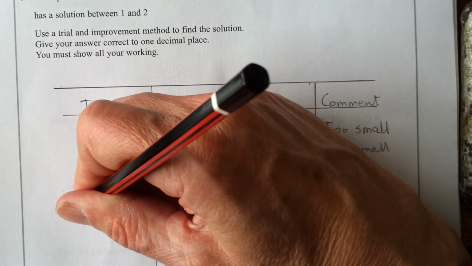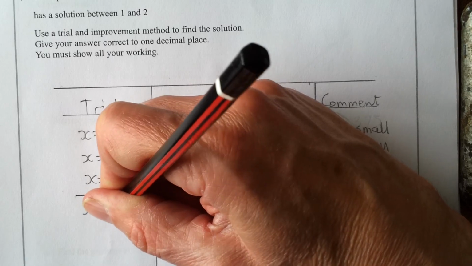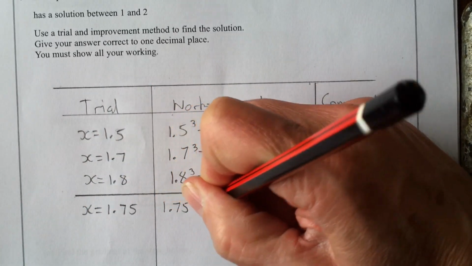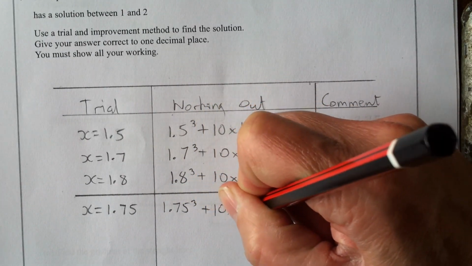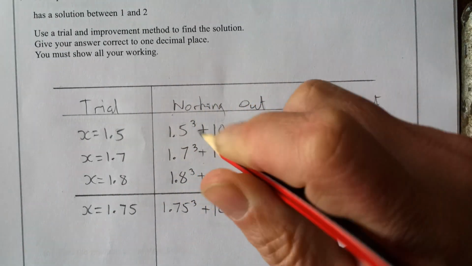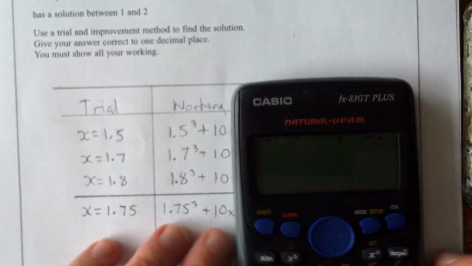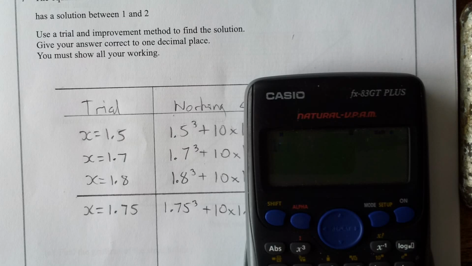So that becomes x equals 1.75, which is 1.75 cubed plus 10 times 1.75, and get the answer. So once again on the calculator, I'll just put it in right from the start. 1.75 cubed plus 10 times 1.75.